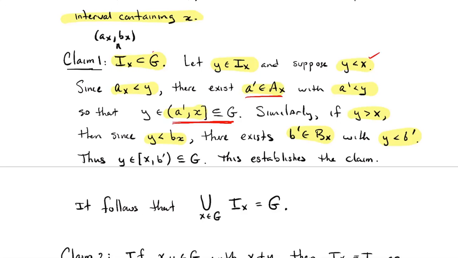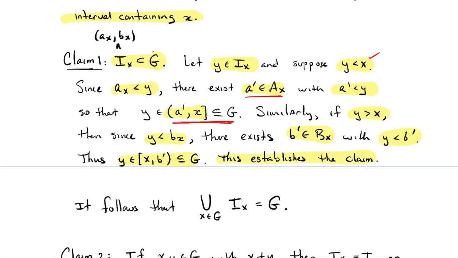Therefore, y is in the half-open interval from x to b prime, by symmetric reasoning. And again, that's a subset of G because b prime is in capital B sub x. So in either case, y being an element of I sub x means that y is in G. I suppose I left out the case y equals x, which is trivially in G. So that establishes the claim.